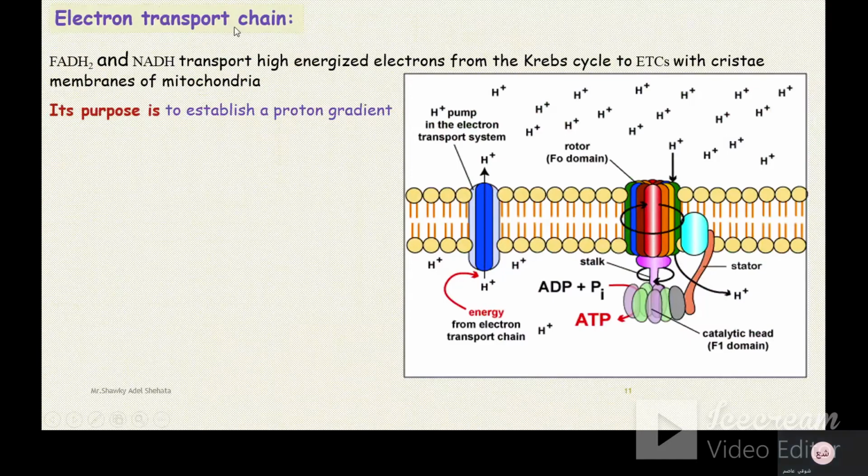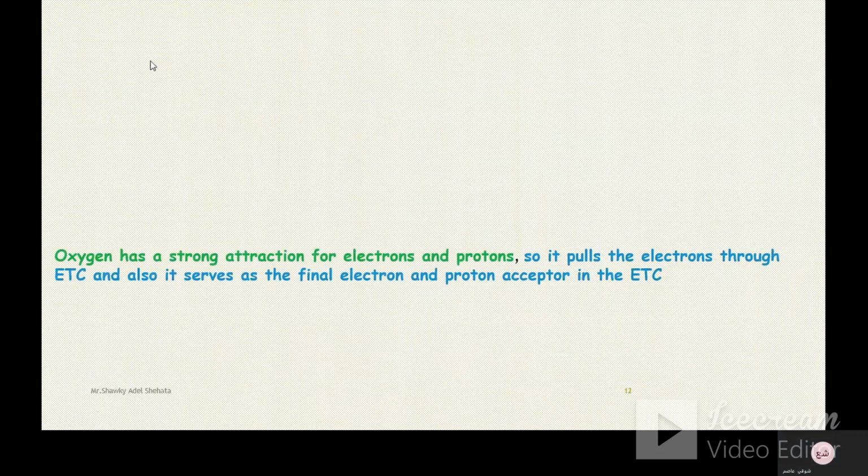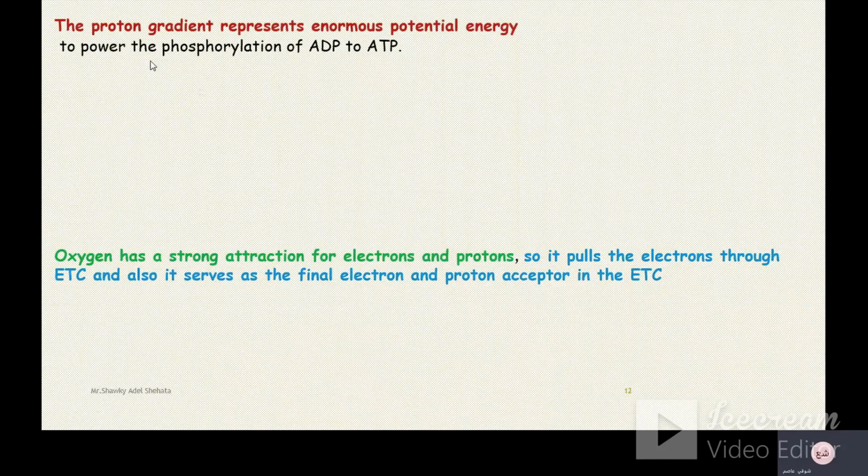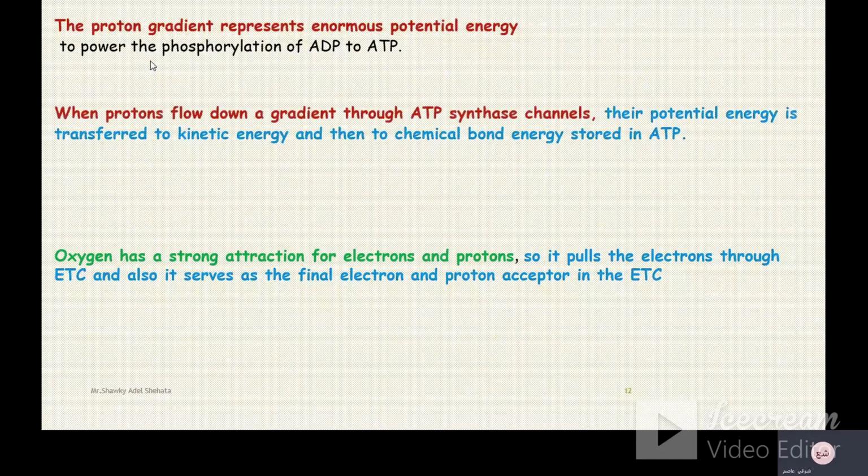So now we need to talk about the electron transport chain. The purpose of the electron transport chain is to establish the proton gradient. The proton gradient represents enormous potential energy to power the phosphorylation of ADP to ATP.